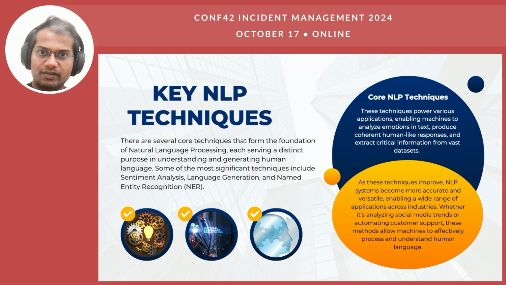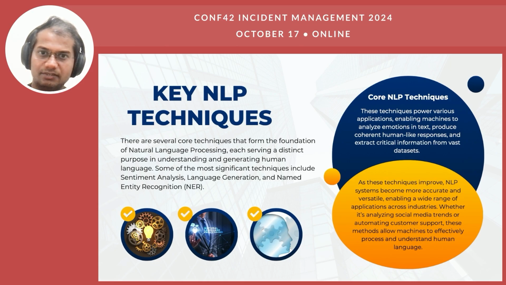Let's explore some core techniques that make NLP work. The first is sentiment analysis, which involves detecting the emotional tone behind a piece of text to classify it as positive, negative, or neutral. It's widely used in customer service, social media monitoring, and market research. Next, we have language generation. This technique enables computers to produce human-like text.